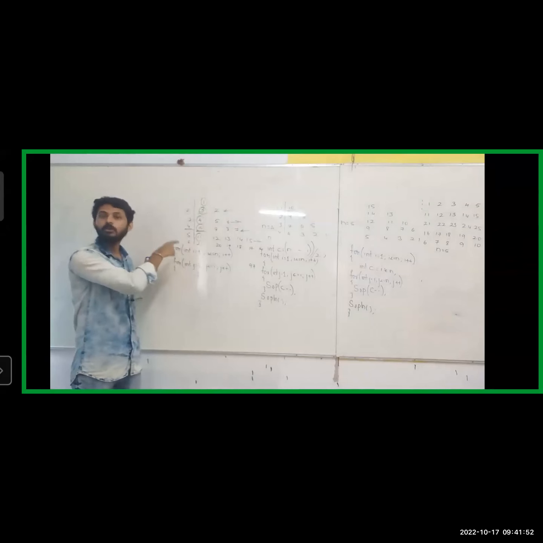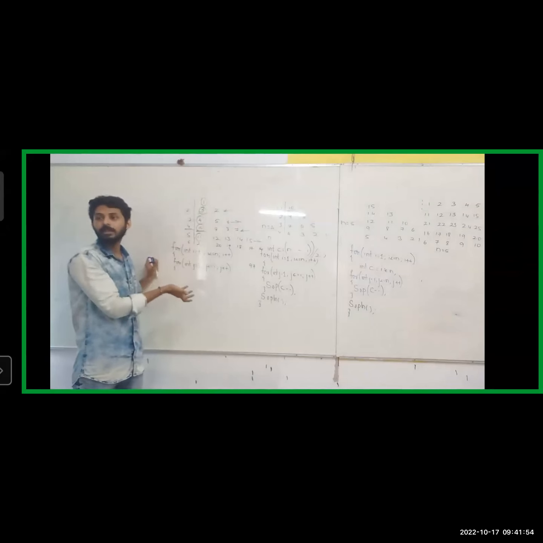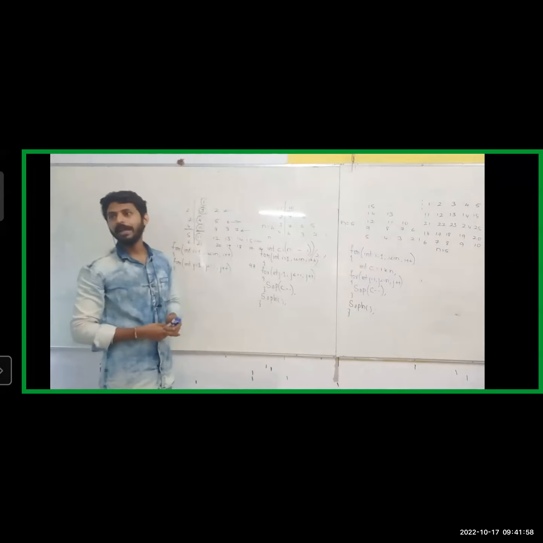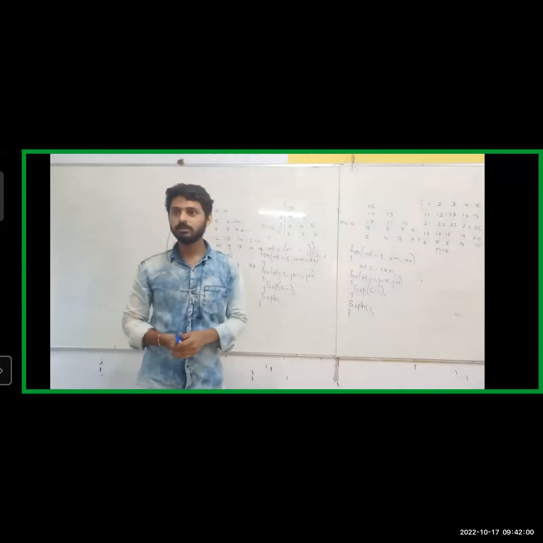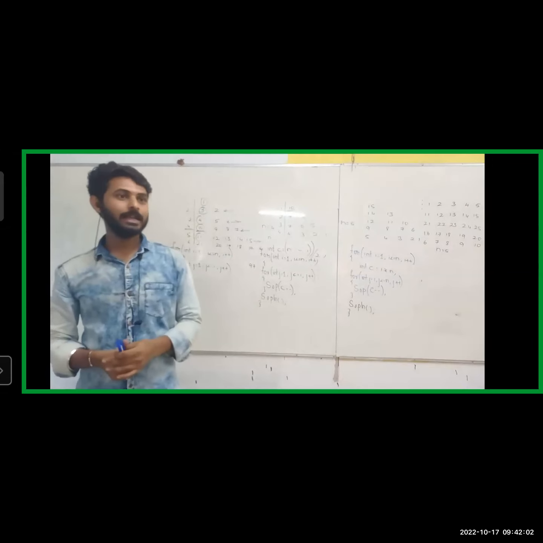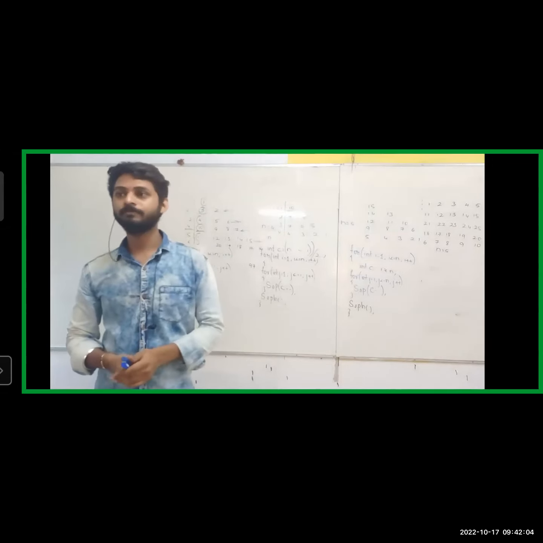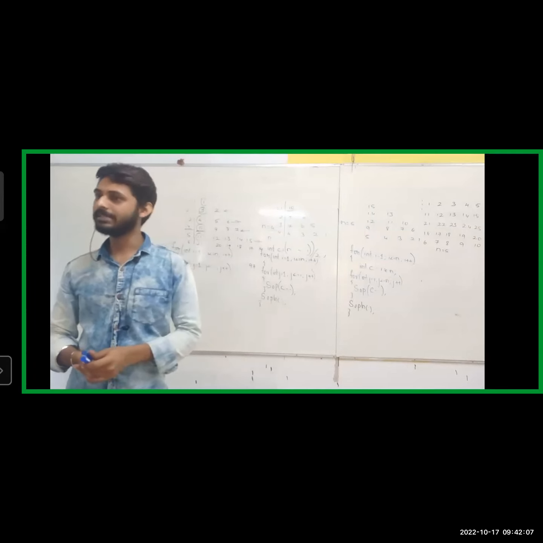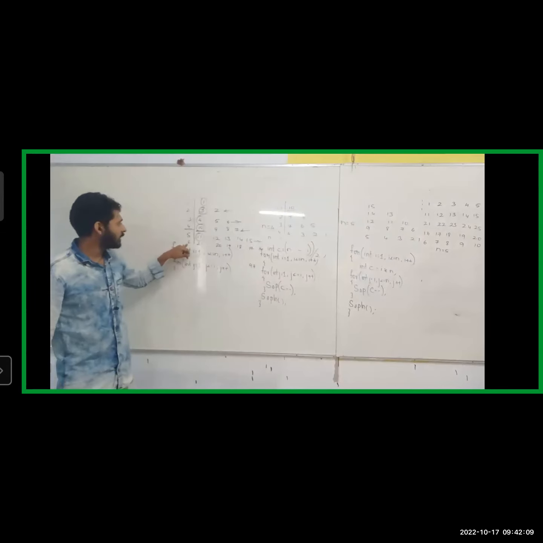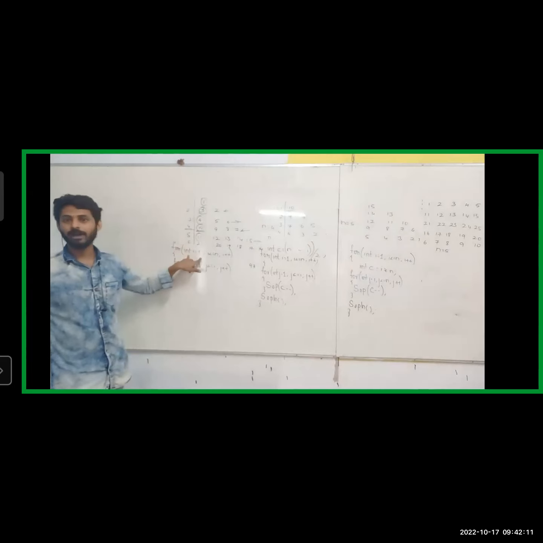We can judge. If I go to 8, what will be the value there? You need not see also. 8 star 9. 8 9s are 72. Yes or no? I'm weak in maths. 8 9s are 72 by 2, 36. By default, your 8th row, first value will be 36.